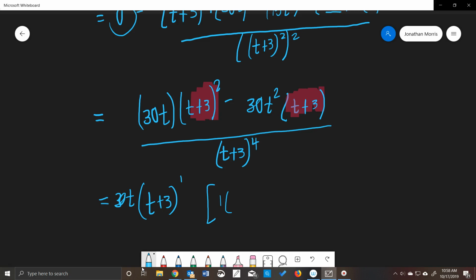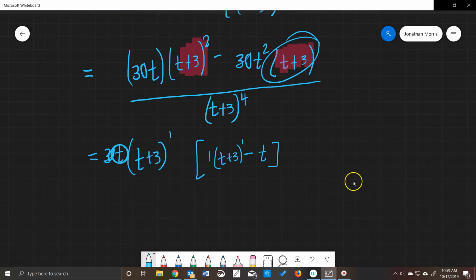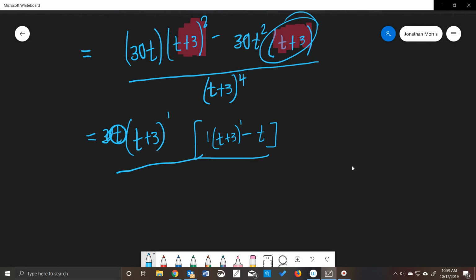But if I said (t plus 3) squared divided by (t plus 3) to the first, I'm just left with (t plus 3) to the first power, minus, okay, the t plus 3 over here cancels with the 1 in the GCF. And then I say, well, 30 divided by 30 is 1. But t squared divided by t in the GCF leaves me with t. Okay, so now I'm looking like this.